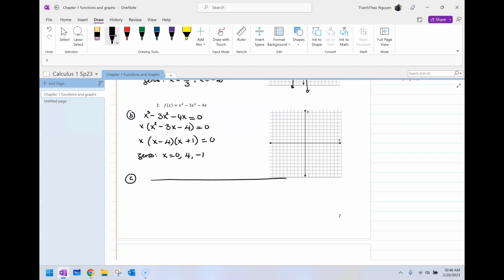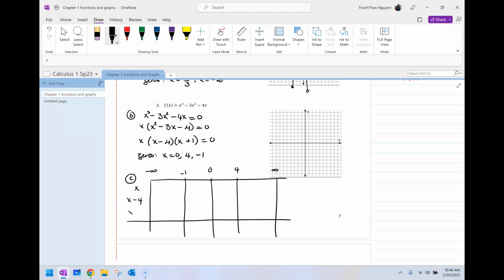On our number line, here's negative 1, 0, 4, with positive infinity and negative infinity, and we want to see whether the graph is positive or negative in each interval. We have our factors x, x minus 4 and x plus 1.